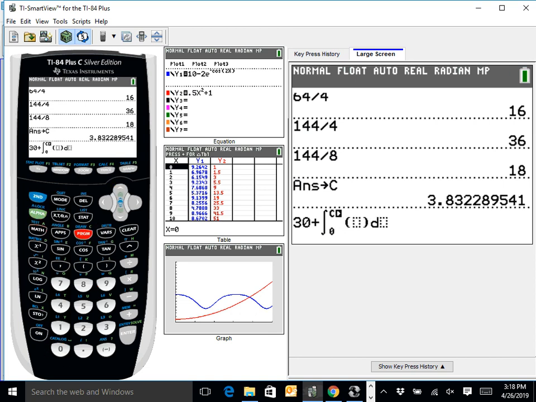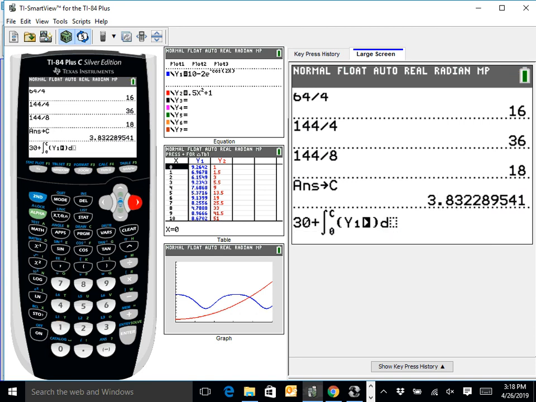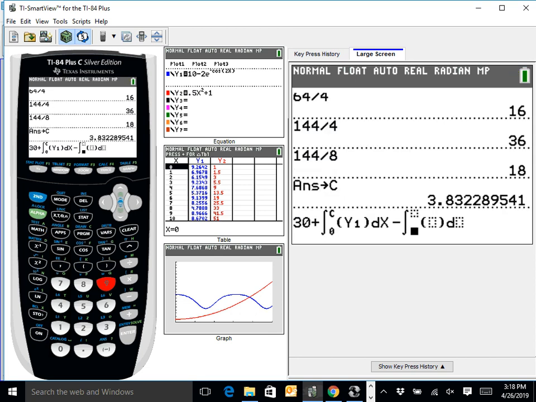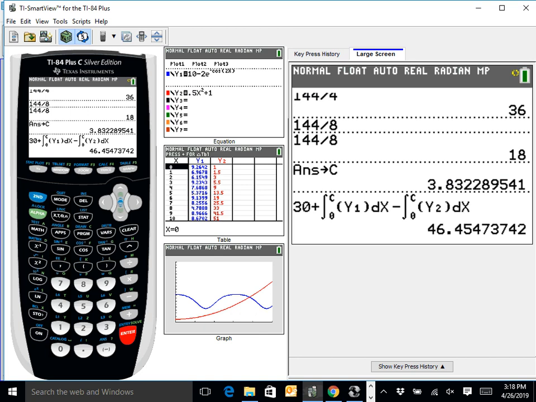Of my rate in, which was alpha trace y1 dx, minus math 9 for my integral 0 to c of my rate out, which was alpha trace y2. And I get 46.455.